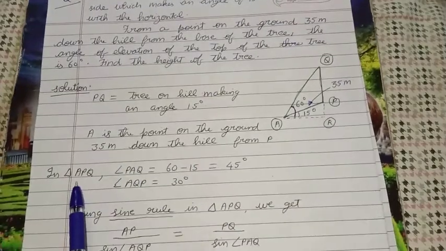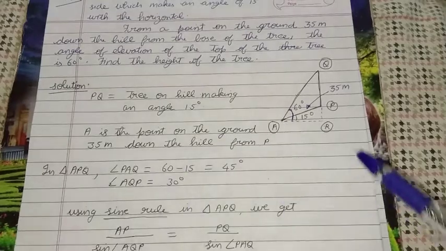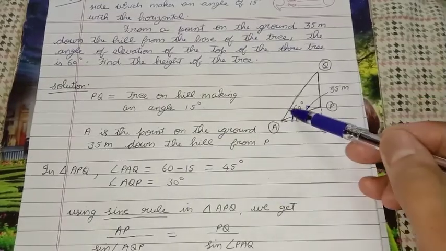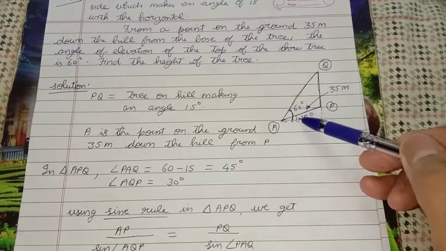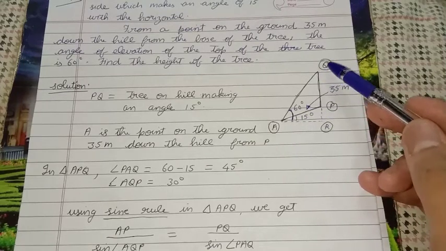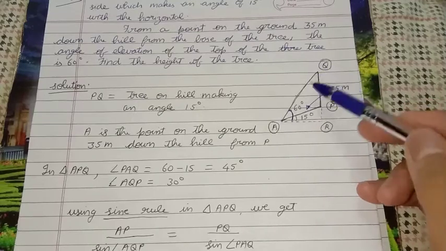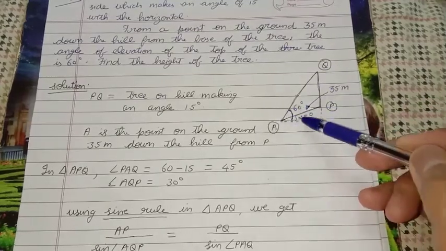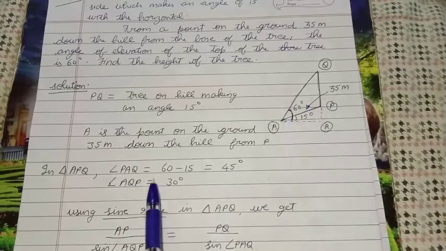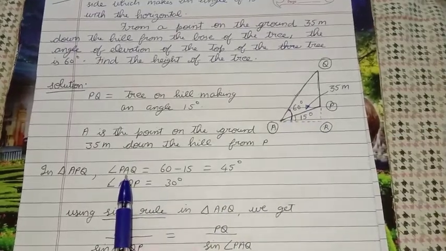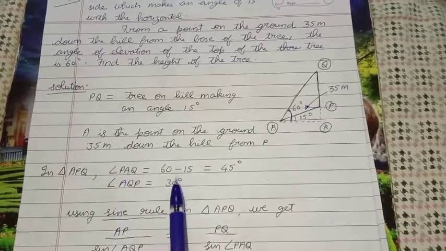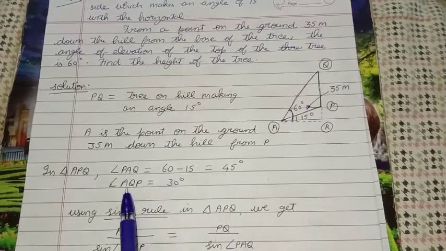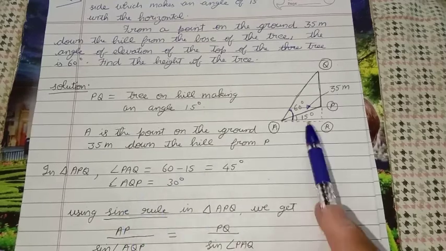Now in triangle APQ, where is triangle APQ? A, P and Q. Fine. Now if this is 60 and this is 15, then can you say that PAQ, that is this particular angle, will be how much? It is 60 minus 15. So that's what I have done here. Angle PAQ is equal to 60 minus 15, that is 45 degrees. Angle AQP, now where is AQ?